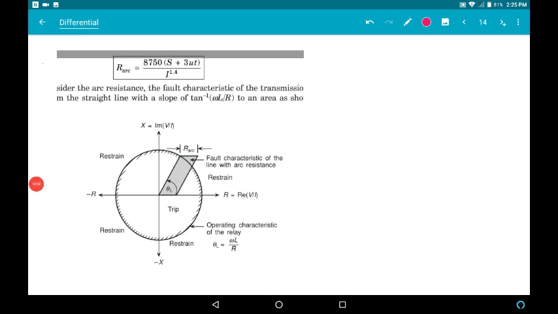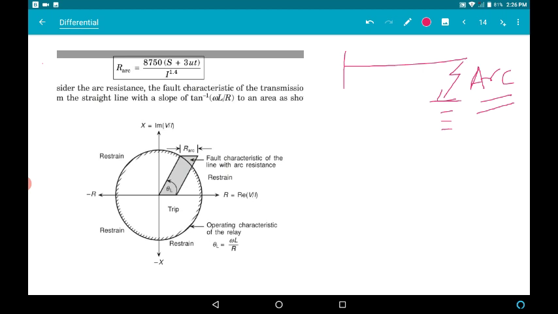Now what happens in real systems, whenever there is a fault? Let's say there is a fault between a line and the ground. This is the ground. Whenever there is a fault between the line and ground, there will be an arc, right? This is an electric arc, and this arc has its own resistance, and this resistance also adds to the reactance of the line.